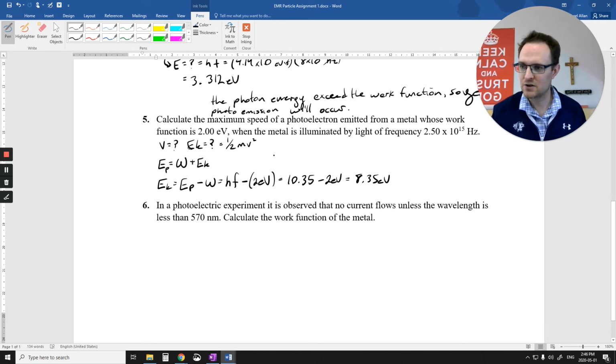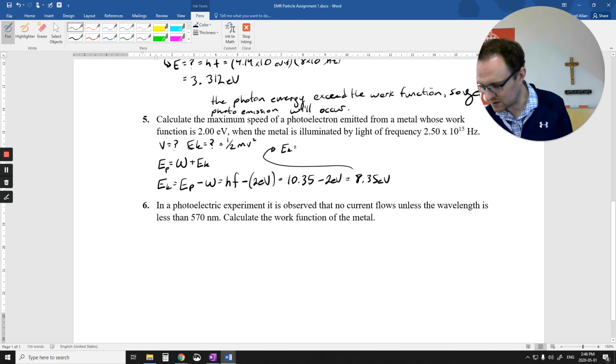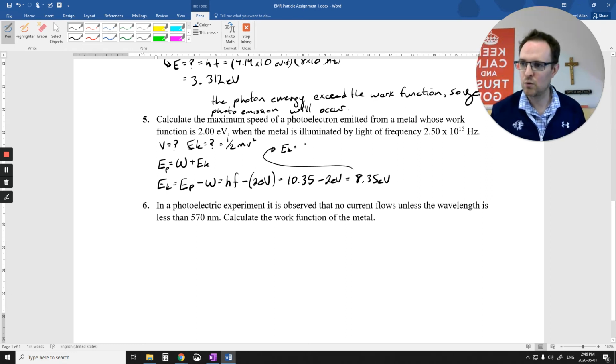So this energy is going to be converted. I'm going to convert this into joules because that's the only way I can use it for the math here. So it is 1.336 times 10 to the negative 18 joules. And then I'm going to use that in the rearranged formula here to determine the speed.